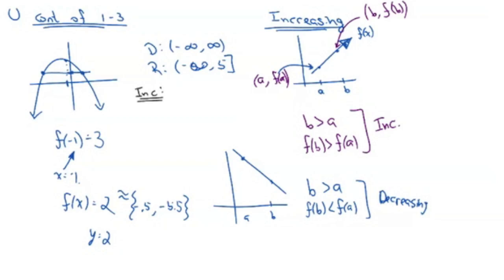So this thing is increasing all the way up to this point up here, which is called what? Well, it's called the vertex of a parabola, but it's also a maximum. And in this case, it's an absolute maximum. So this thing is increasing from -infinity all the way up to -3. Now, depending on what textbook you read, some textbooks will put a parentheses, some will put a bracket.